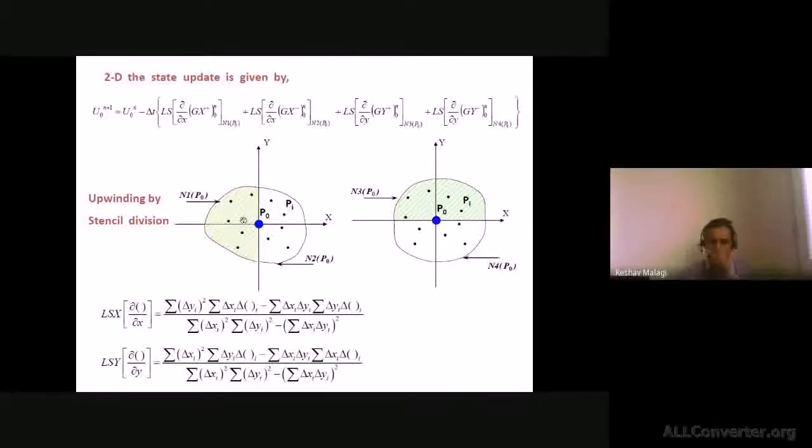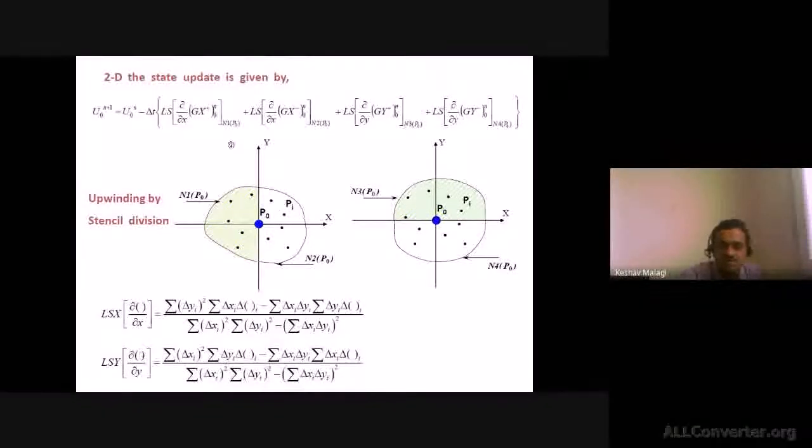For y, you have to define top and down for upwinding. The formula remains the same as what you saw when the function was f. This is the x derivative formula, and this is the y derivative formula. You have to do this for Gx plus and Gx minus twice, and for Gy plus and Gy minus twice. Then you will get the state update.